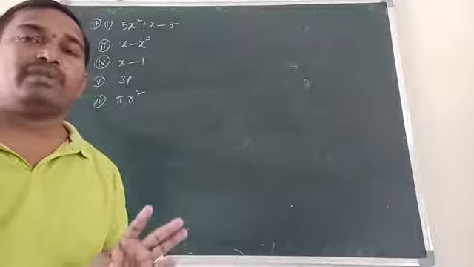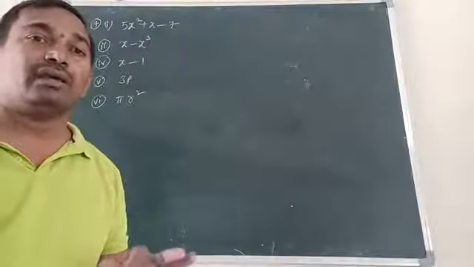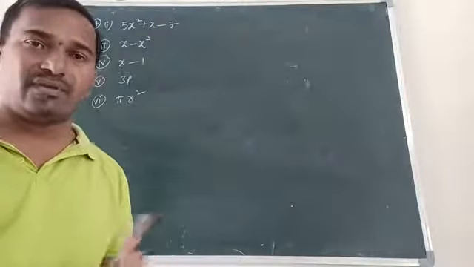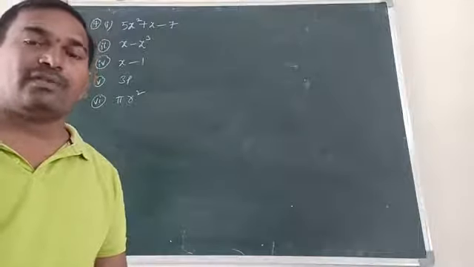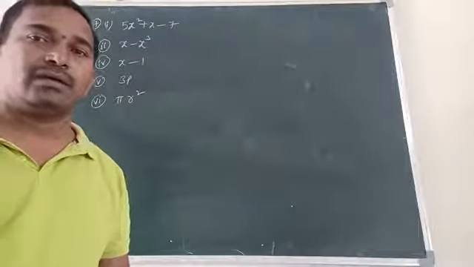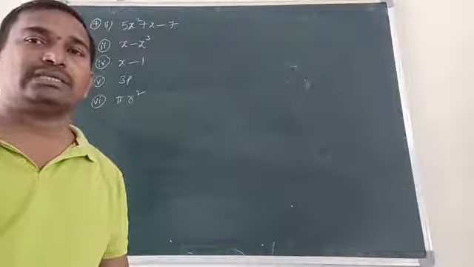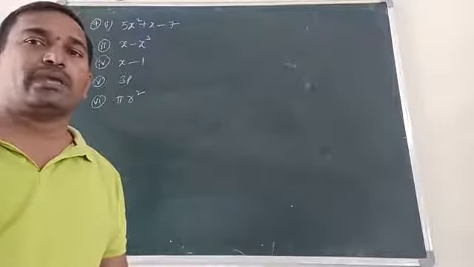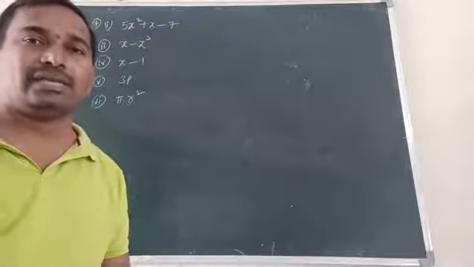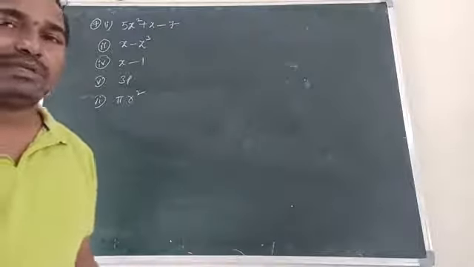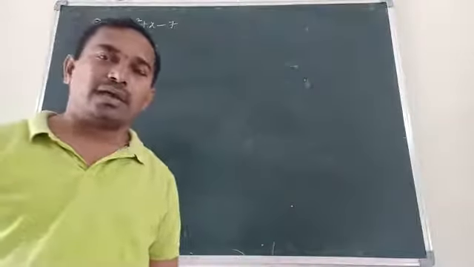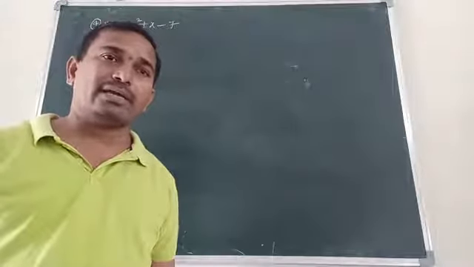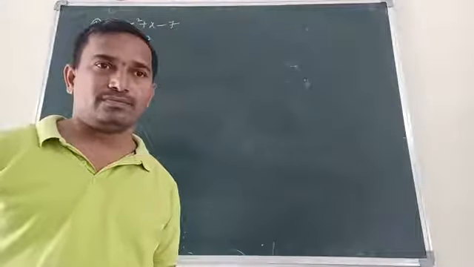A polynomial with degree 2 is called quadratic. Quadratic means ax square plus bx plus c. Cubic means degree is 3. A polynomial with degree 3 is cubic.